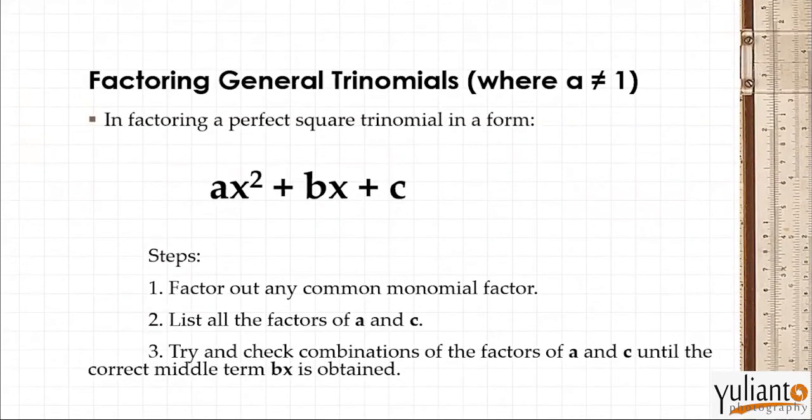Now it says here in factoring a trinomial ax squared plus bx plus c, we have the steps here. Same as the past lesson where a is equal to 1, this is still a trial and error method wherein we try and check combinations of factors until we can get the final answer.